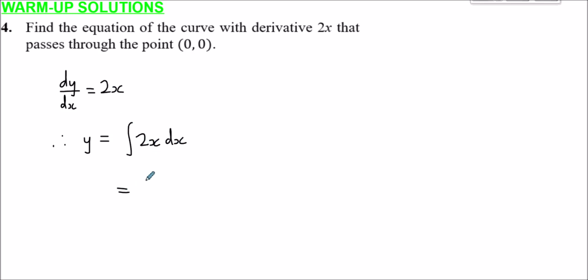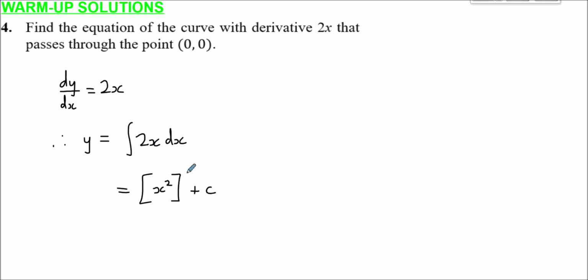So if we integrate 2x, we take the power up by 1, so 2x becomes 2x squared. We then divide through by the new power. So 2x squared divided by 2 just gives us 1x squared. So we just get x squared plus c.